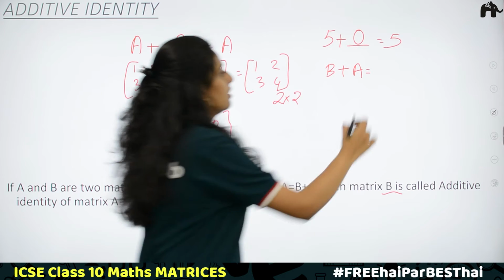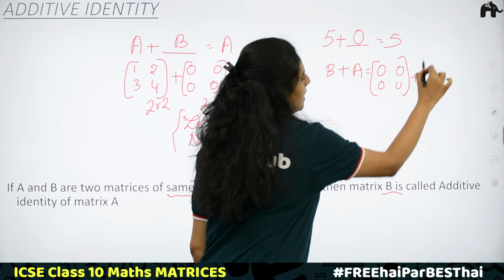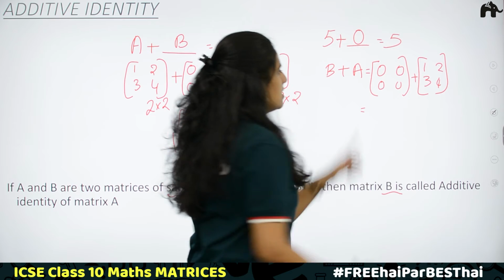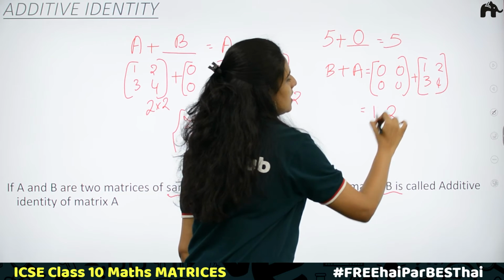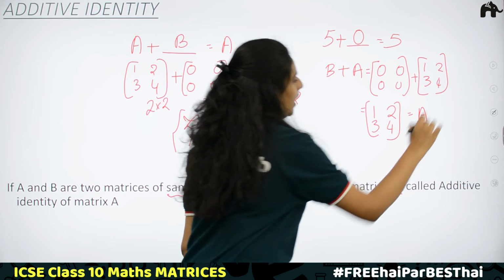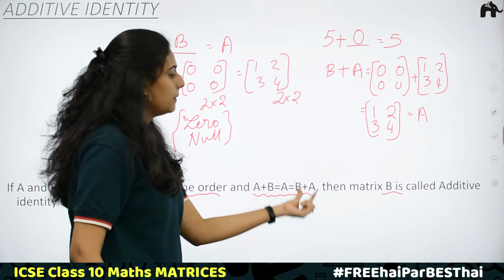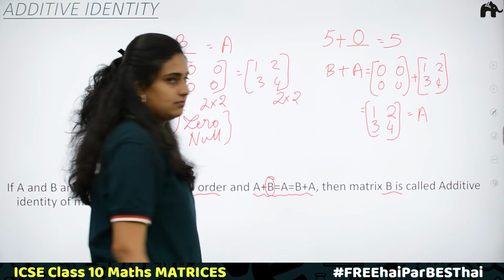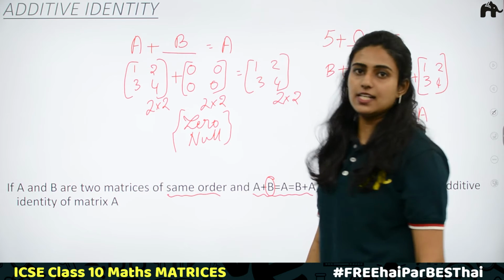Here we have B as a null matrix, 0, 0, 0, 0, plus matrix A, 1, 2, 3, 4. What do we get? 0 plus 1 is 1, 0 plus 2 is 2, 0 plus 3 is 3, 0 plus 4 is 4. This is again equal to A. Therefore, A + B equal to A is equal to B + A. Then this matrix which is added is called the additive identity of matrix A.